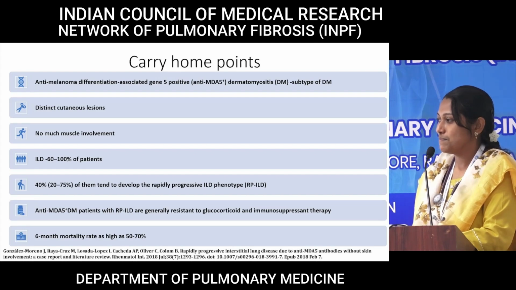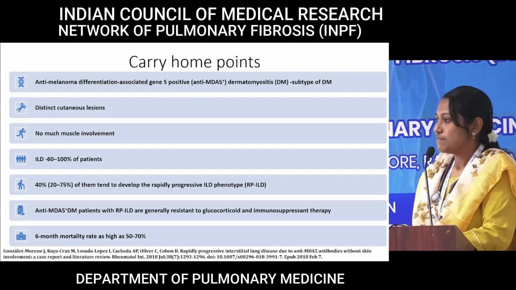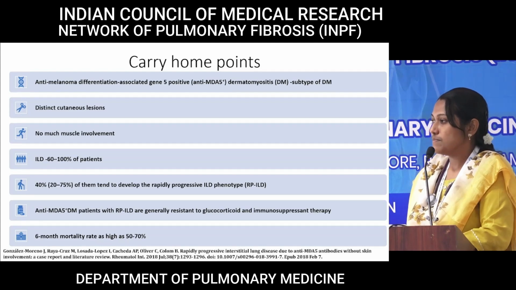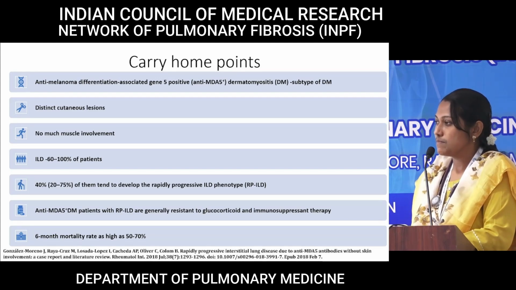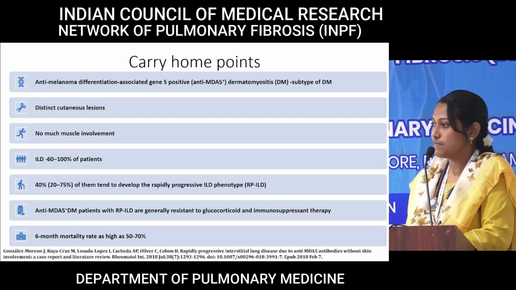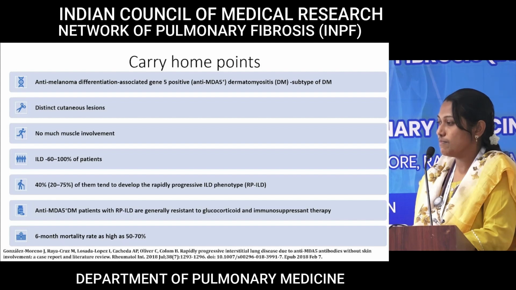So the message is basically, just because MDA5 is positive, we don't have to be too aggressive for all MDA5 lung disease. As I mentioned before, only 2 of our 29 patients had RP-ILD. For the rest, probably 17 patients, we just need to manage like any other ILD, but they need close follow-up so that you know how they are progressing.